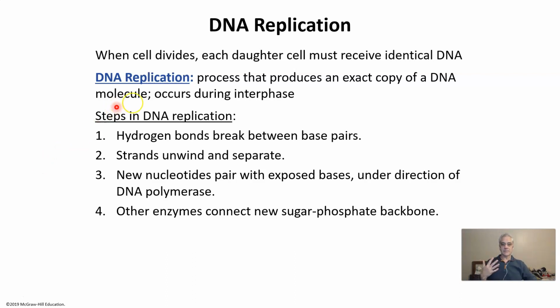How does that happen? It's an enzyme. The enzyme that replicates DNA is called DNA polymerase. Okay, so remember, enzymes tend to have this ASE name at the end. ASE. I told you what a polymer is.